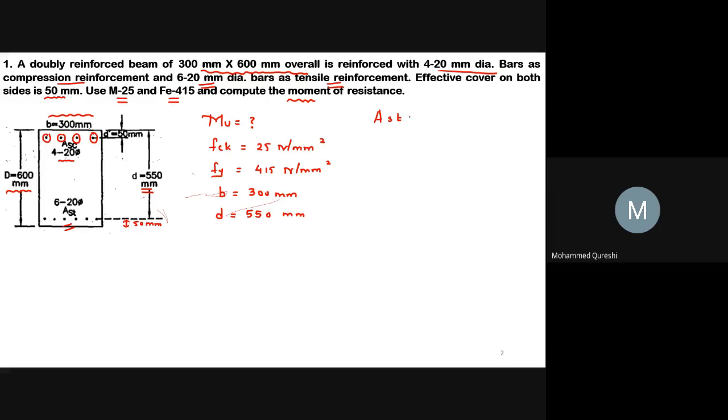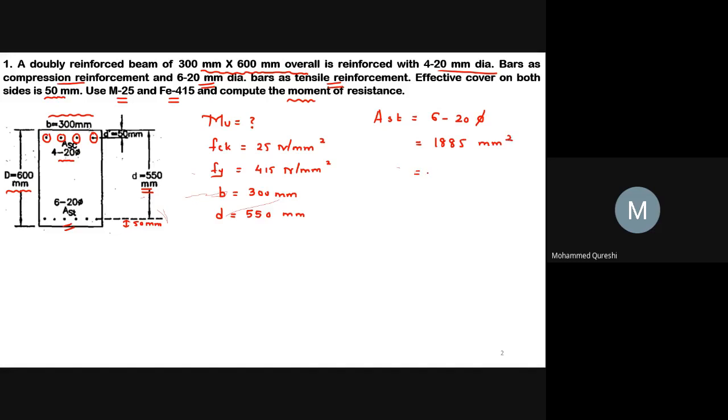And here also AST, that is area of tensile reinforcement, is given in terms of diameter and the number of bars, that is 6-20 mm dia. So here we will get the value of AST as 1885 mm square.